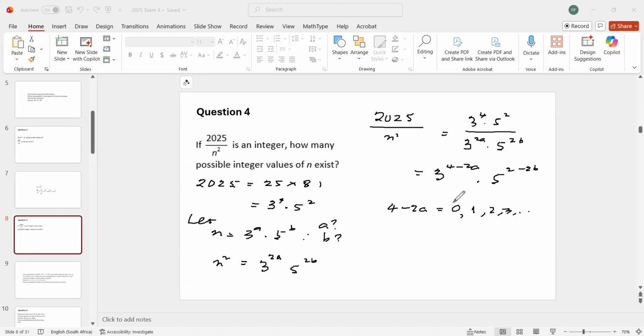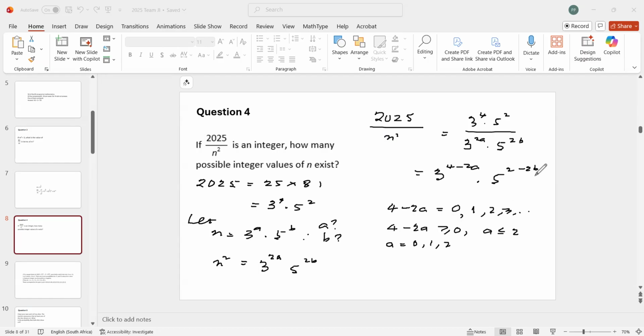It could be 0, so 4 minus 2a is greater than or equal to 0, which means that a is less than or equal to 2. 2a is less than or equal to 4, and a is an integer, so a is 0, 1, or 2. So there are only 3 possibilities for a.